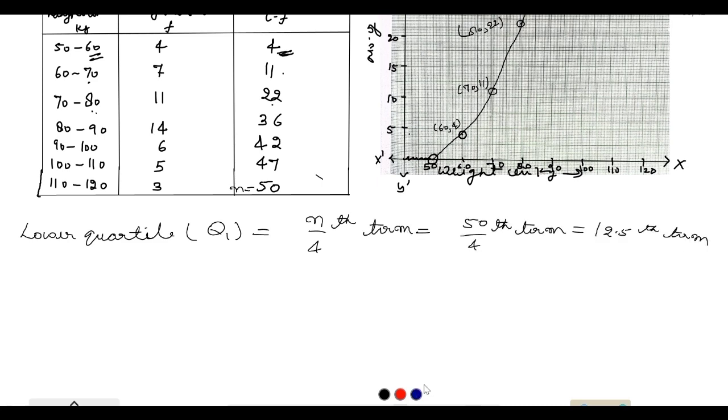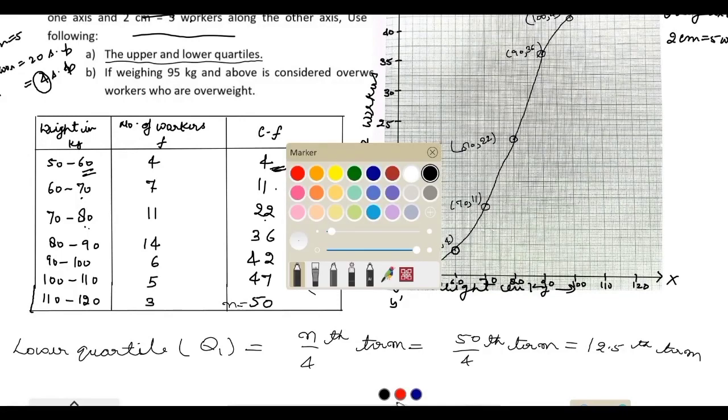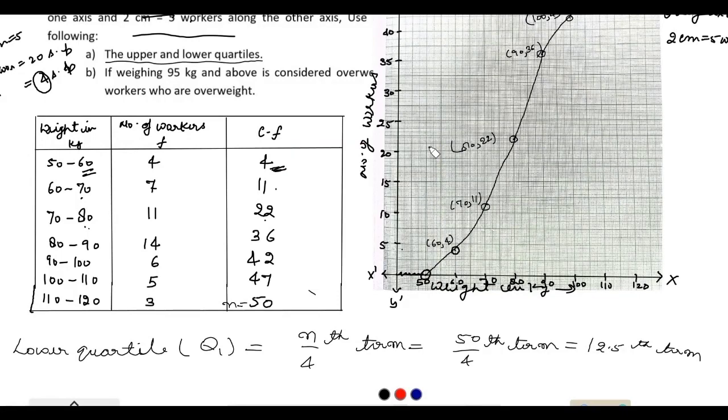Now take 12.5th term on the graph. 12.5 lies between 10 and 15, just middle of the 10 and 15, 12.5. This is 10. After 8 small parts you will get 12, and for 0.5 you have to take 2 small parts more.